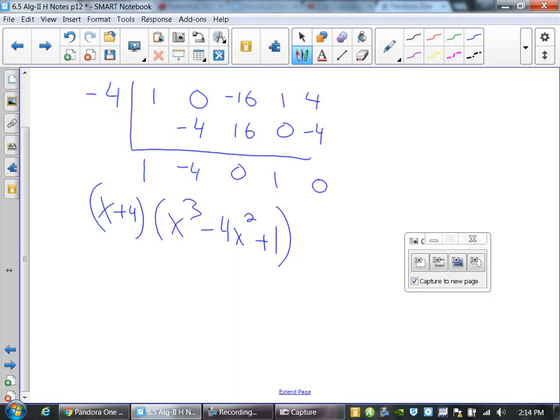Can I factor that by our normal methods? No, I really can't. There will be a time when I'll say find all real solutions, find all solutions. Over the next few days, we'll show you other methods to continue factoring that, to get the imaginary solutions and find those other roots. For right now, we're just starting with this.